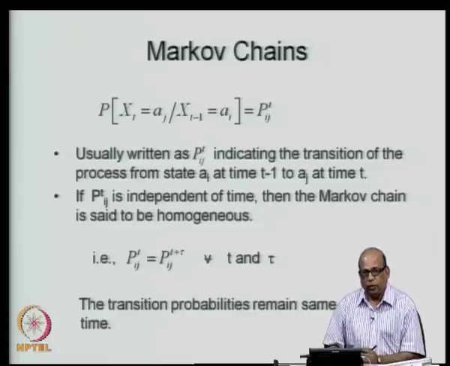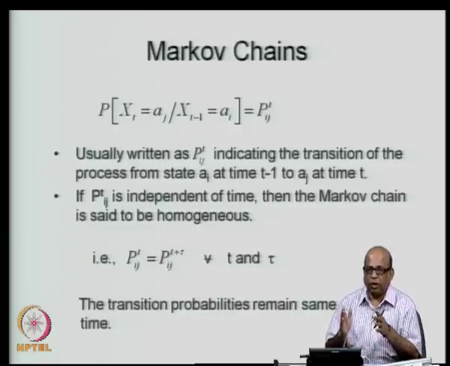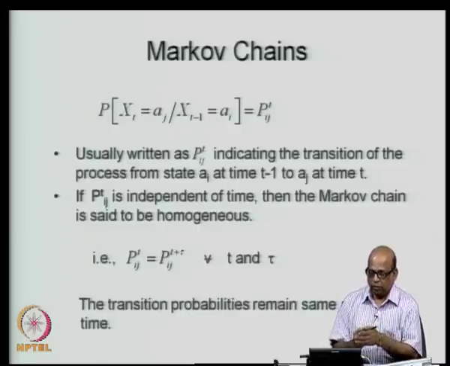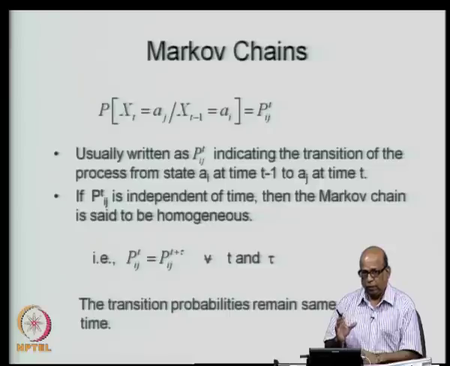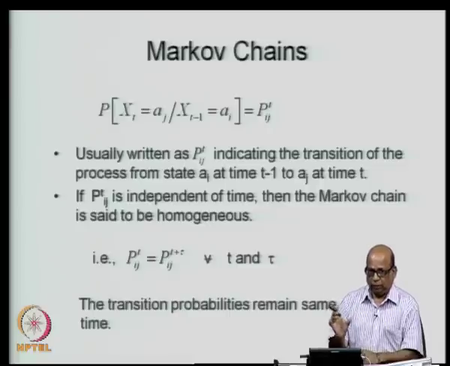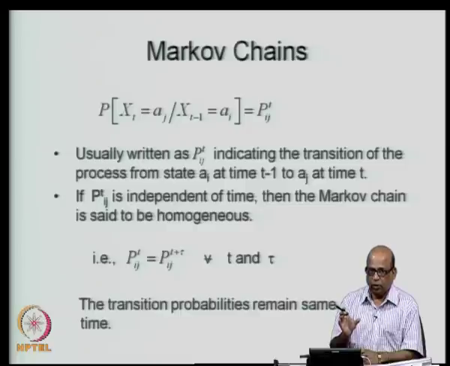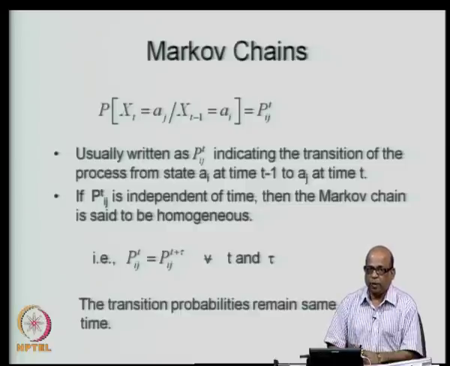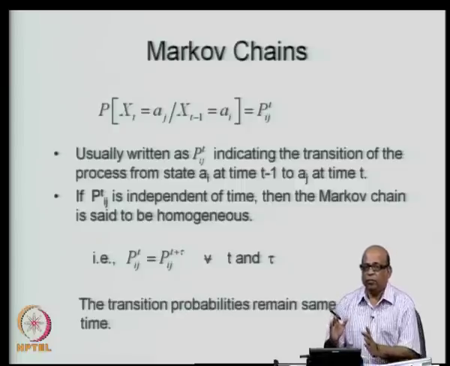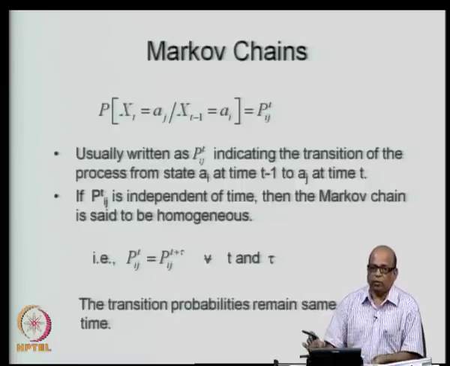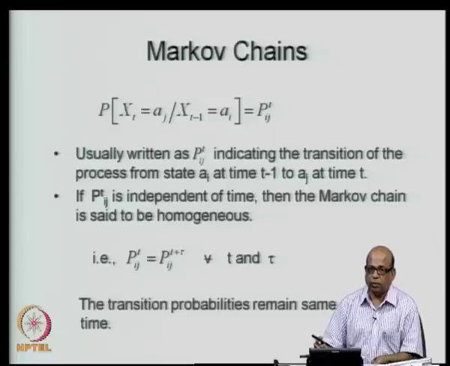Now, we consider a special case where the p i j t is independent of time. What I mean by that is that once we have the class intervals defined for t minus 1 and t, the transition probability is defined for time period t minus 1 and t. The transition probabilities remain unchanged irrespective of which two time intervals you are considering.